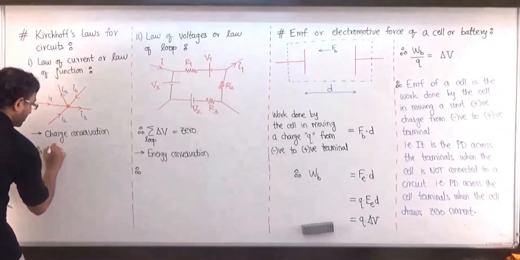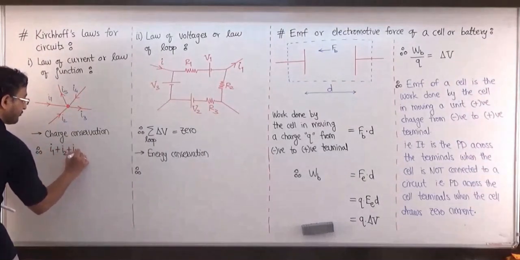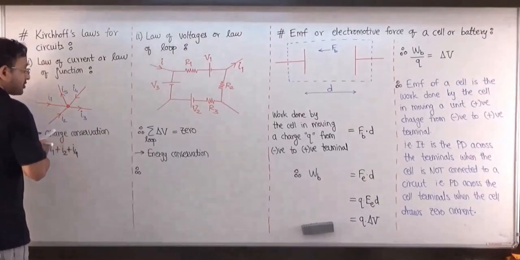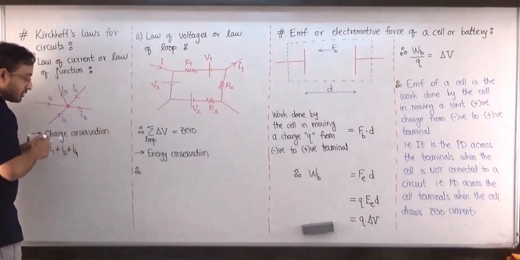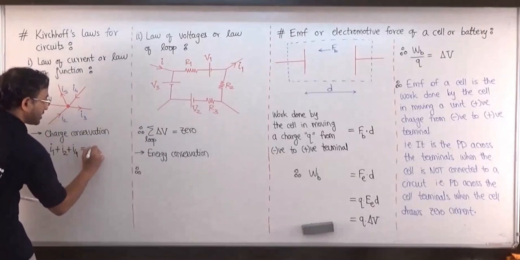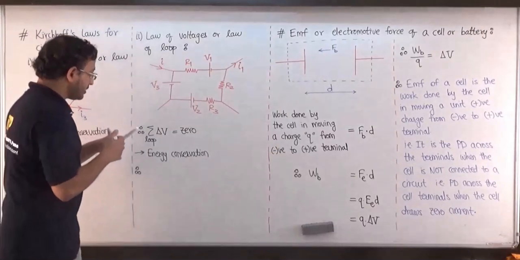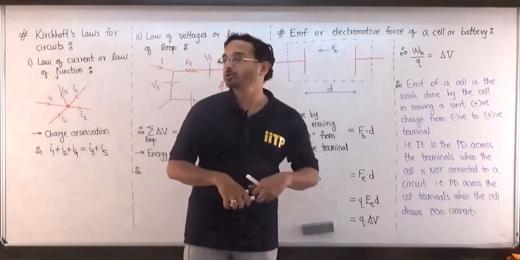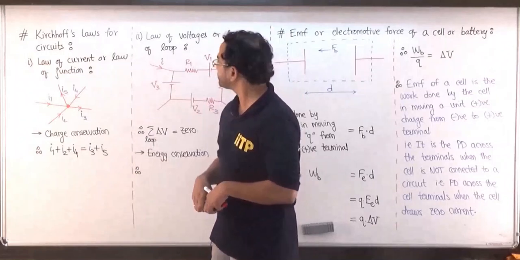They are I1 plus I2 plus I4, and that total current must be equal to the currents leaving the junction, which in our case is I3 plus I5. So this is what is called Kirchhoff's law of current, or law of junction.